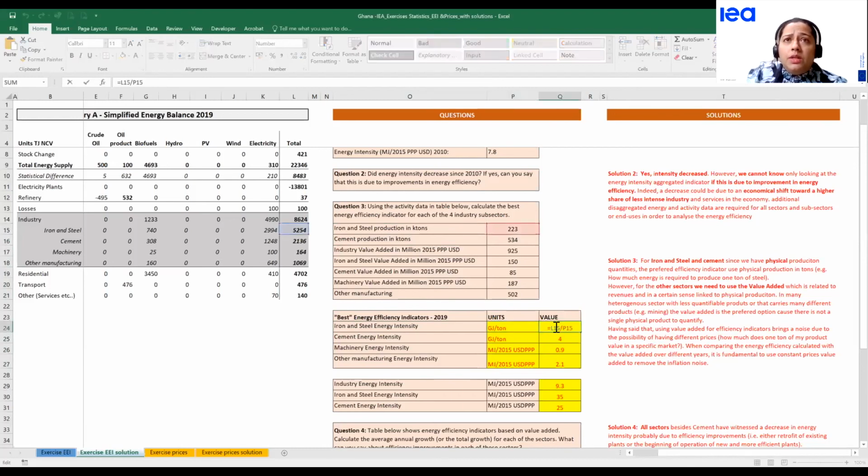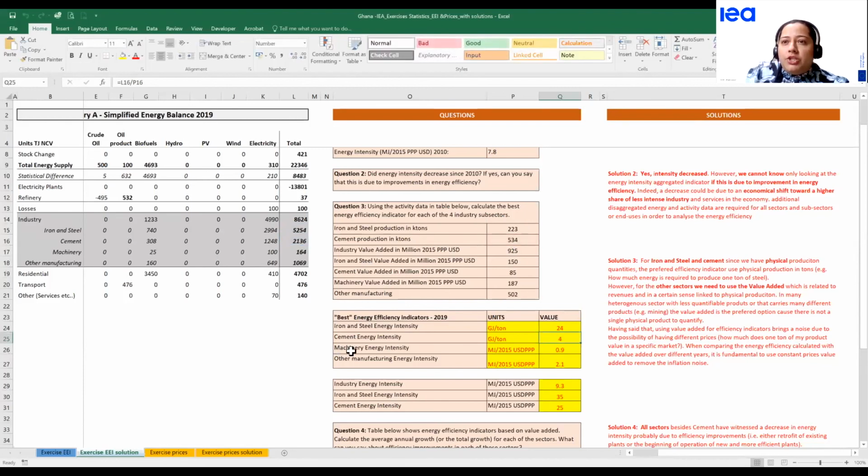And what we will do here is that we will take the amount of consumption in iron and steel, the total iron and steel value in L15, and you will divide it by the production amount here. Same for cement, you would take your cement consumption, you will divide it by your production.